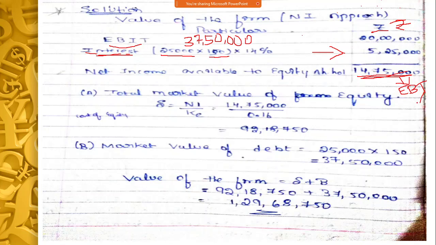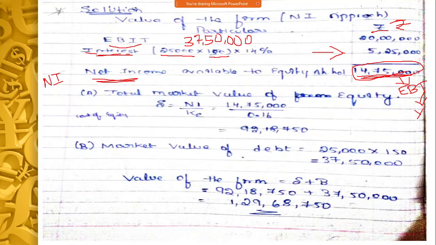That's why we are never going to consider tax, and that's when your EBT becomes NI, or net income available for equity shareholders. According to the assumption, this entire 14,75,000 has to be distributed among the equity shareholders.